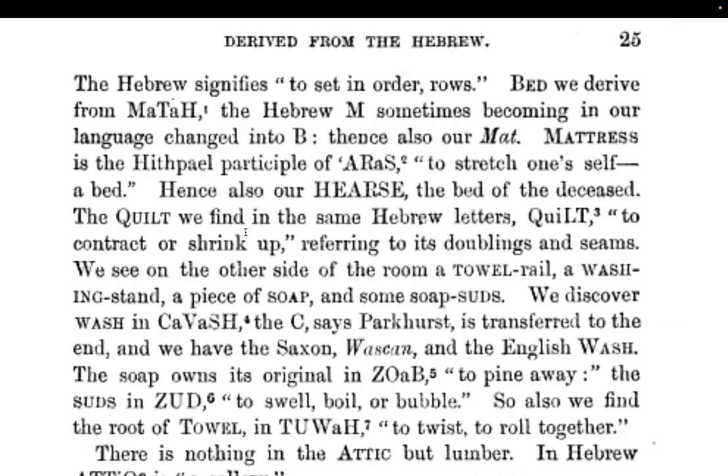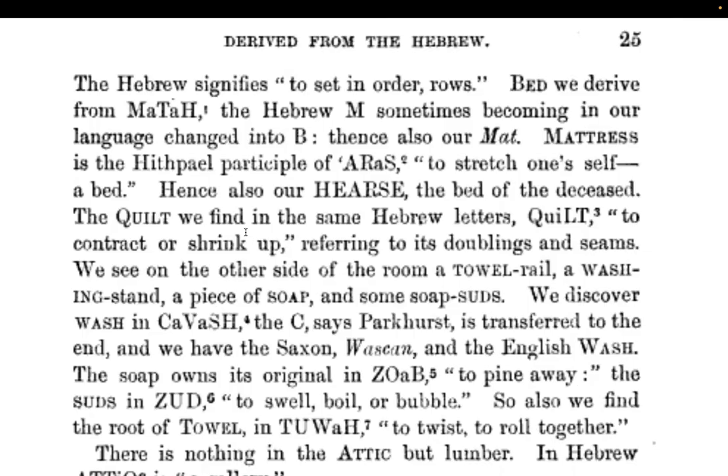Bed we derive from matach, the Hebrew M sometimes becoming in our language changed into B. Thence also our mat. Mattress is the hiphil participle of aras, to stretch oneself, a bed. Hence also our hearse, the bed of the deceased.